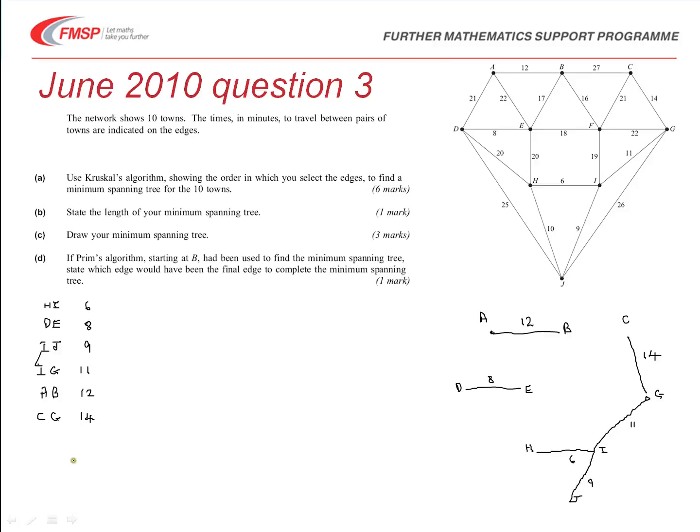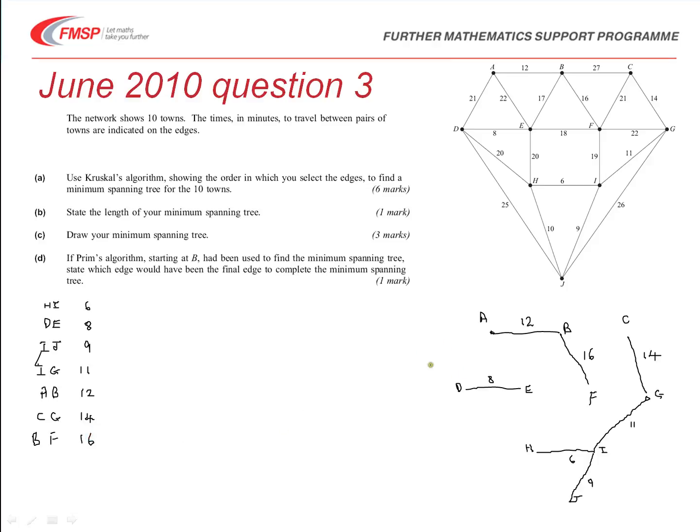BF is 16, and that's the next one that wouldn't create a cycle, so B goes down to F, which is 16 on our list. That's 7 edges down, 2 to go.